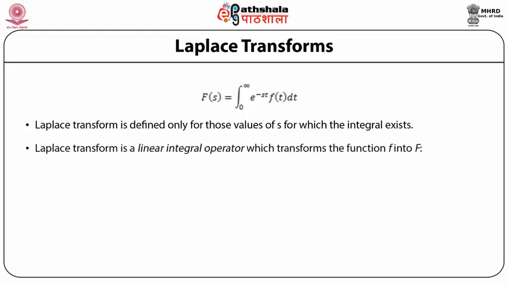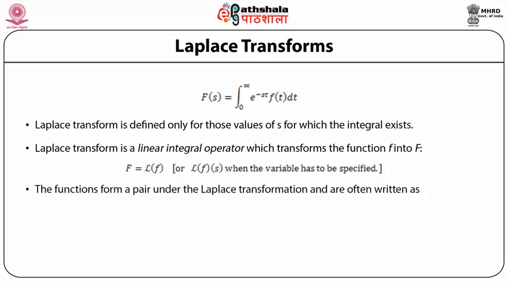The Laplace transform can be regarded as a linear integral operator which transforms the function small f into the function capital F. Thus, we may write capital F is equal to Laplacian of small f, or Laplacian of small f of s. The second form is used when the variable has to be specified.